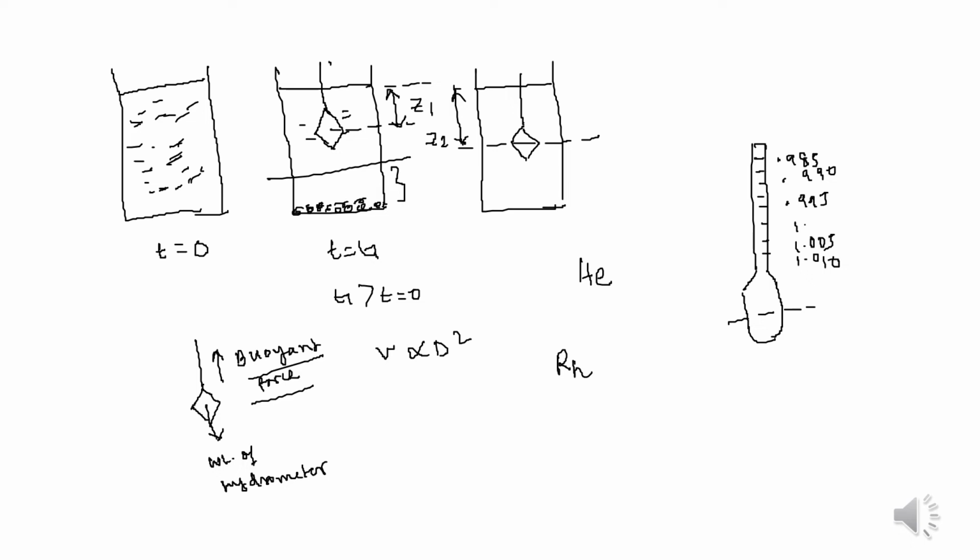So what we do basically, we take 1.010, we subtract unity or 1 from it and then multiply by 1000, and this gives my hydrometer reading, which we represent as RH, right? So the reading here is 10.